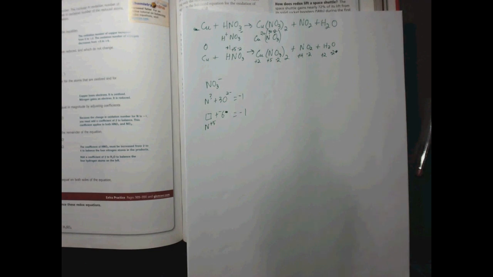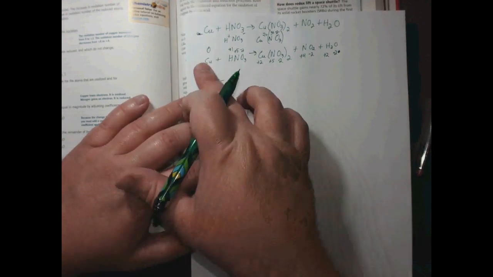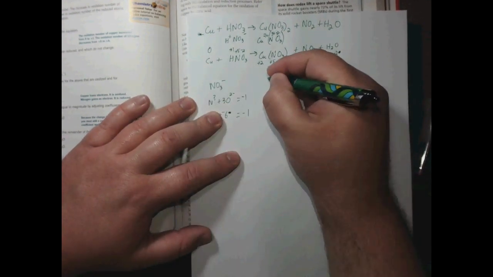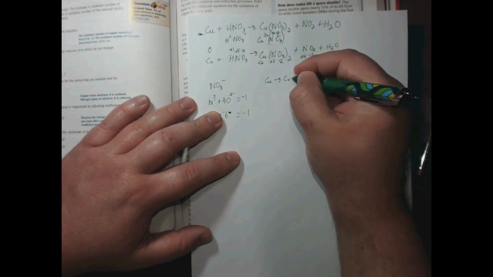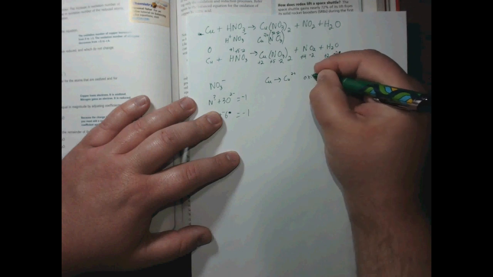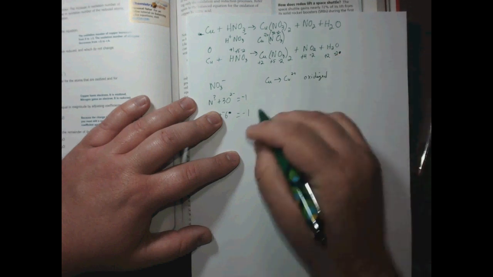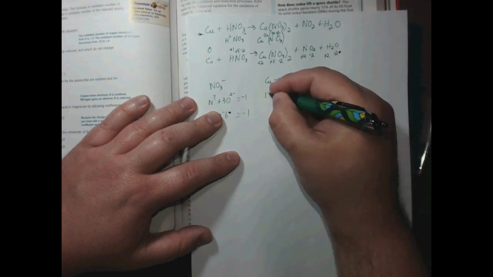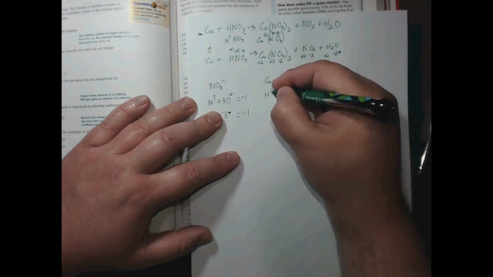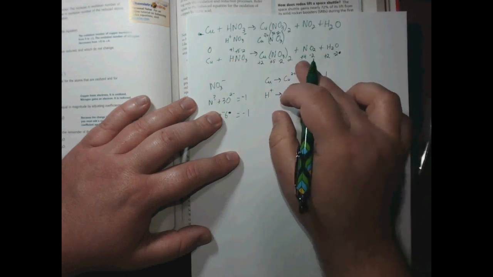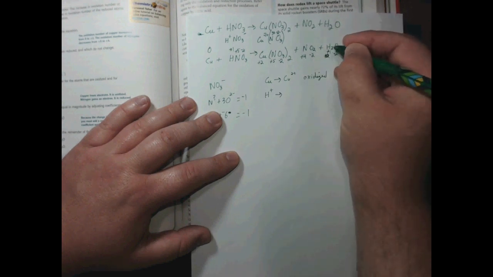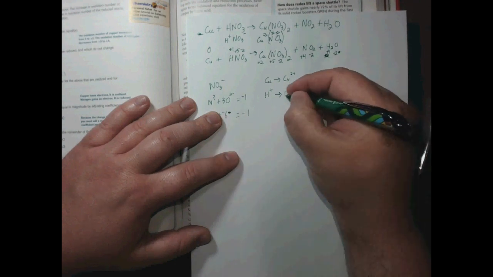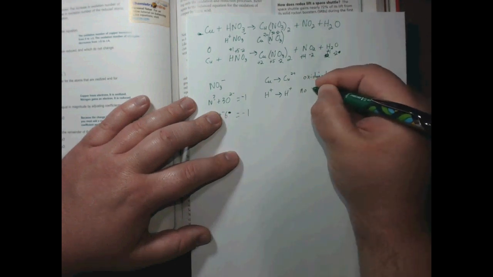So, which ones are oxidized, which ones are reduced, and which don't change? Looking at each one. Copper goes from copper to copper 2 plus. It was oxidized. It lost electrons. Hydrogen is plus 1, and there are 2 of them. It's still hydrogen plus. It didn't change.